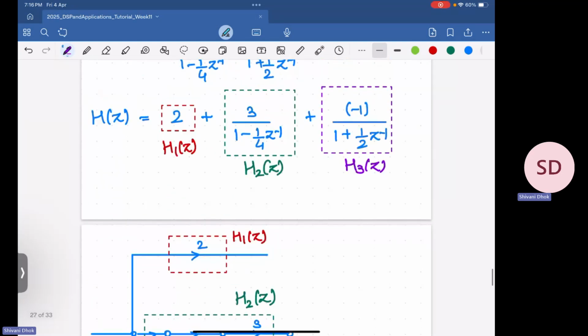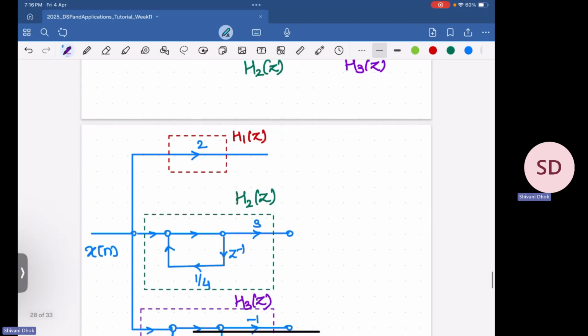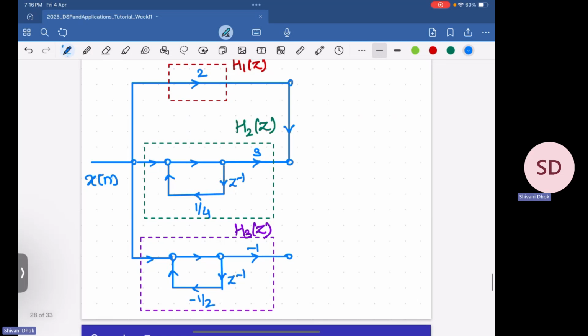Then what is my h of z? My h of z is simply the addition of h1 of z, h2 of z and h3 of z. So let me take this here. Then this gets added like this. And then this further gets added like this. And this is my y of n.